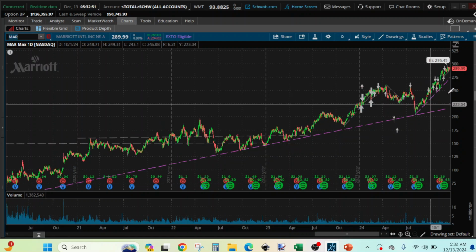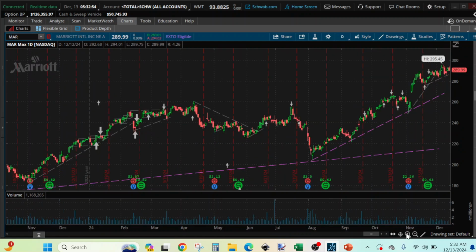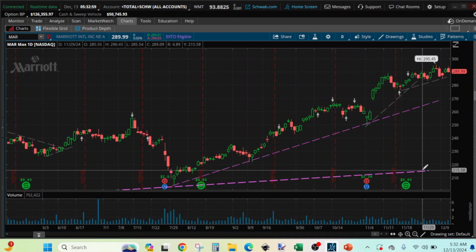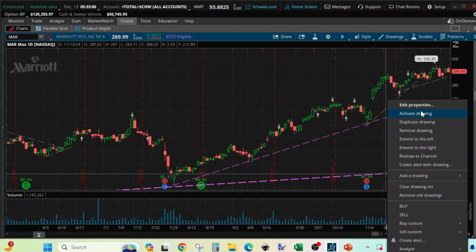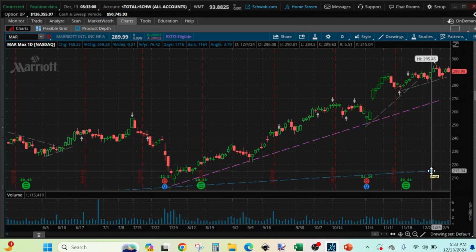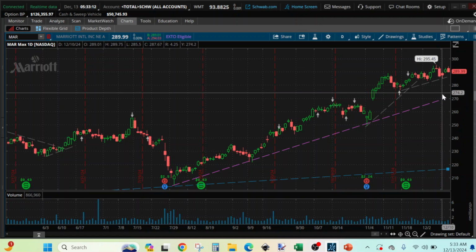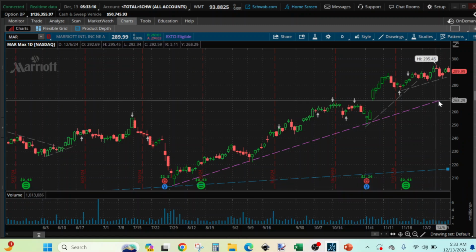So MAR, we like to buy it on this line, and we can just wait. And we can just keep extending our line, but here is where we want to buy.